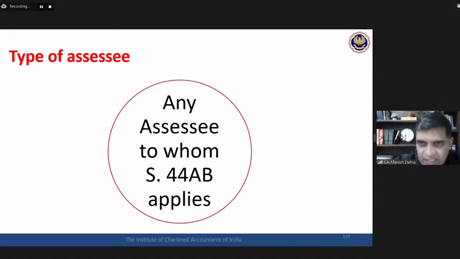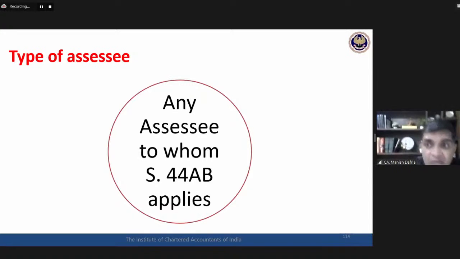Okay, so any assessee, if it's a partnership firm or even a proprietorship concern, 44AB applies, tax audit is required to be done, 80JJAA they can claim. Even if it's a company, but 44AB does not apply, then 80JJAA cannot be claimed. So some very unique features are there in this section.